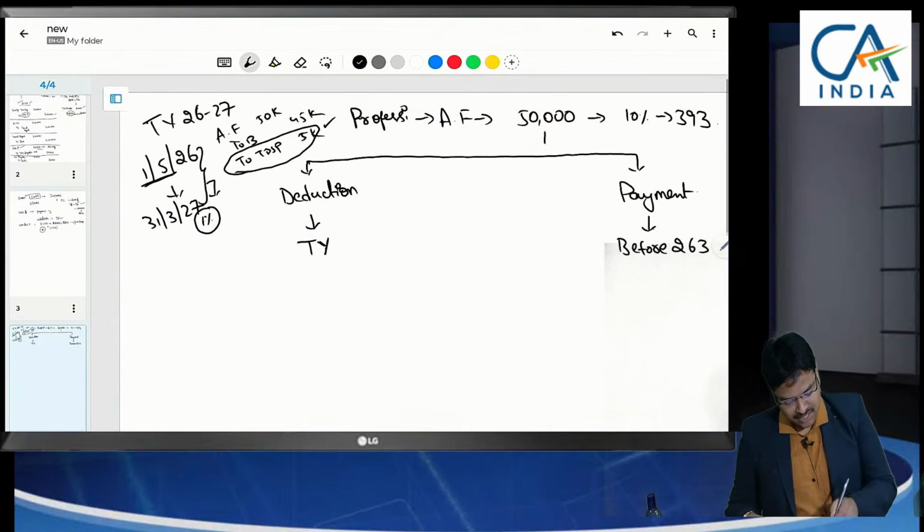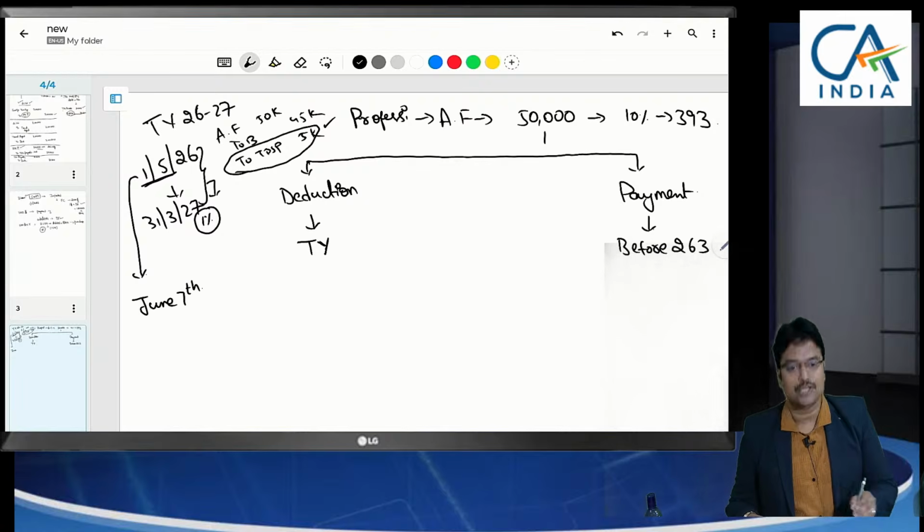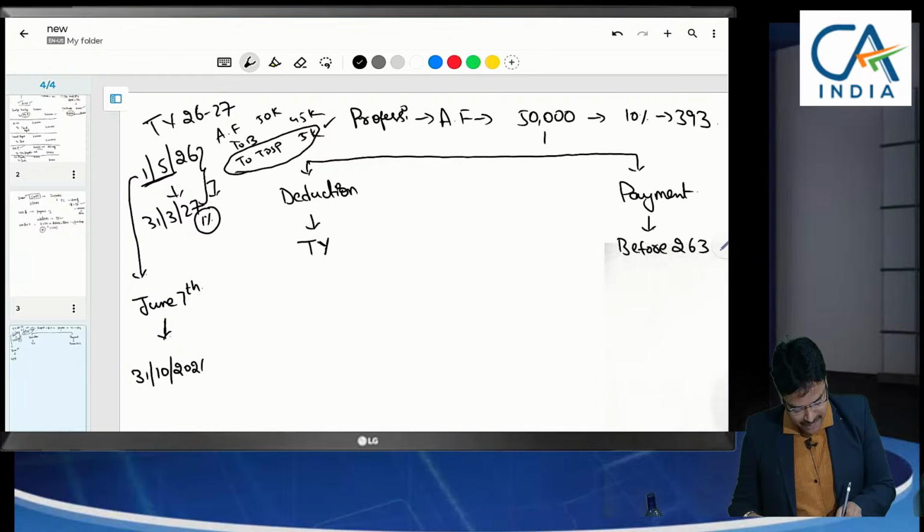Sir, actually in this case, since it was May TDS, when we need to make payment, by June 7th itself the challan has to be paid. If you are not paying by June 7th, and it is a tax audit case, you have time up to 31st October 2026, not 26, 27.